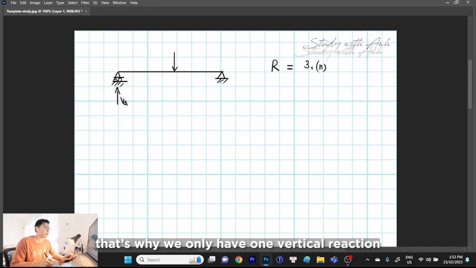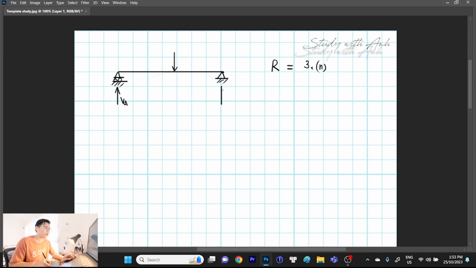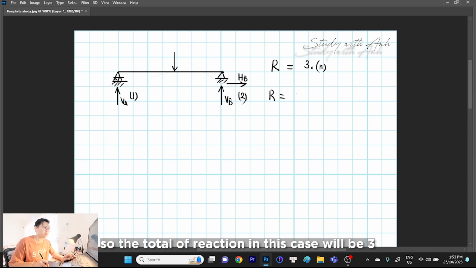That's why we only have one vertical reaction. But at the hinge, we also have the vertical reaction as well as the horizontal reaction. So here we have one reaction, but at point B we have two. So the total reaction here will be 3.